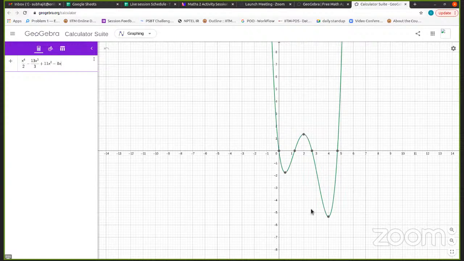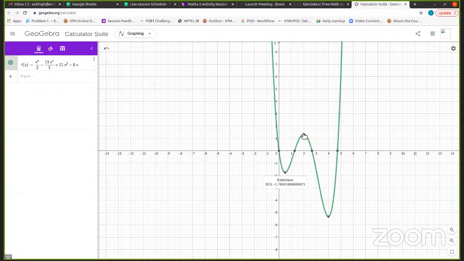You can see this is the point 0.5, that means x equal to half. There is a turning point here and the slope of the curve changes from negative to positive, so it is a minima at x equal to half.